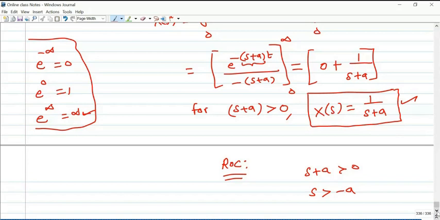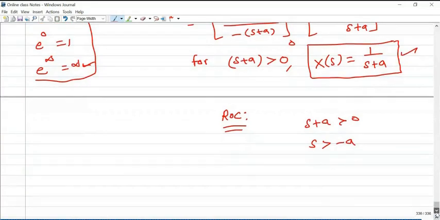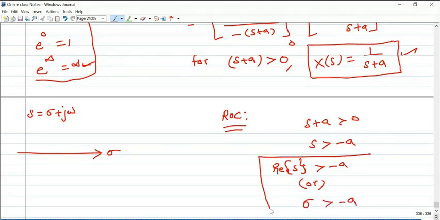What is s? s equals sigma plus j omega. Sigma is the x-axis variable, so usually we write it as the real part of s. Real part of s is greater than minus a, or sigma is greater than minus a. This is the region of convergence for this particular problem.